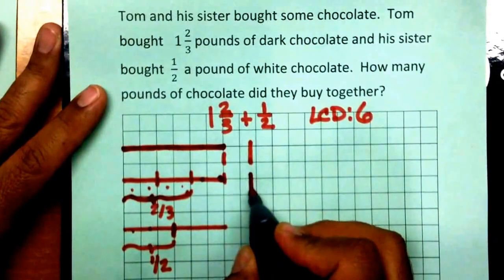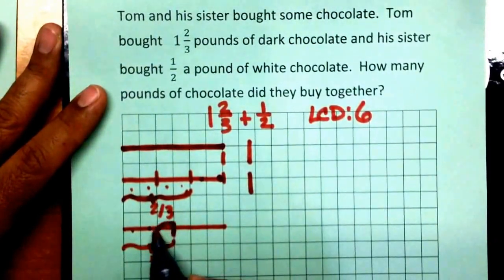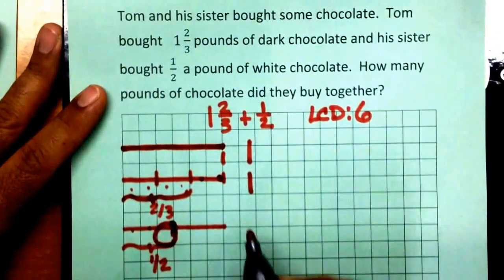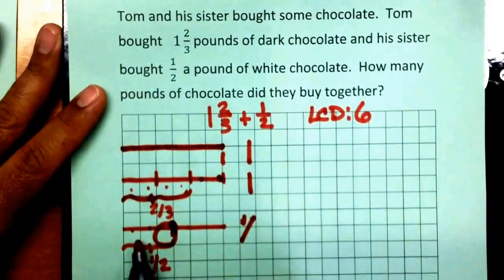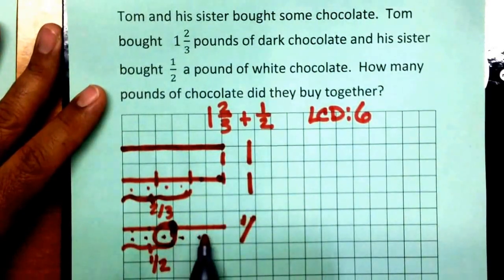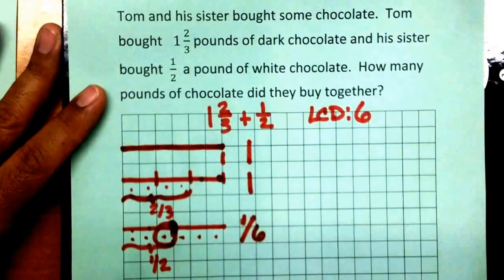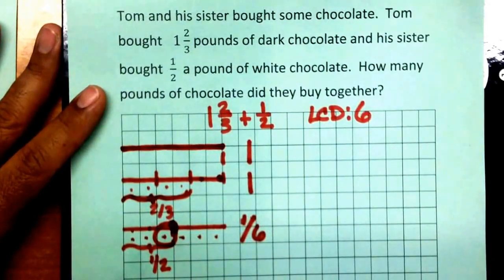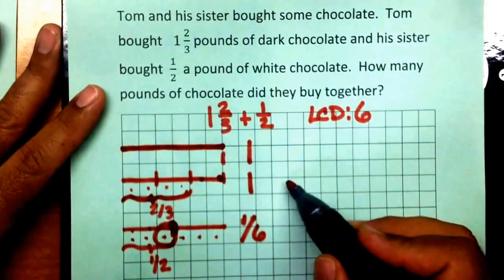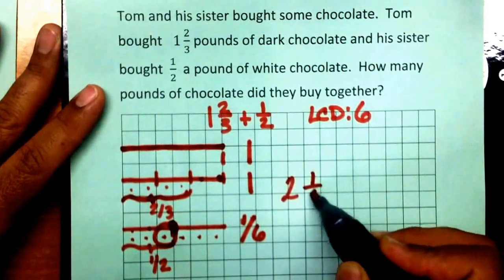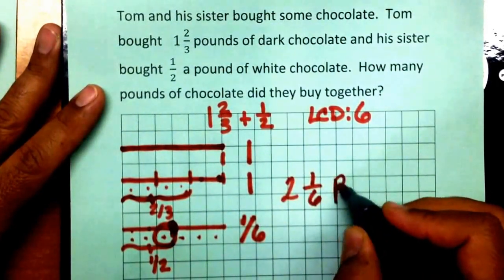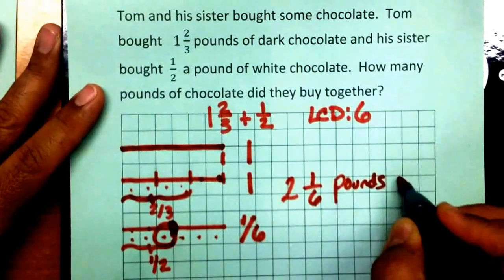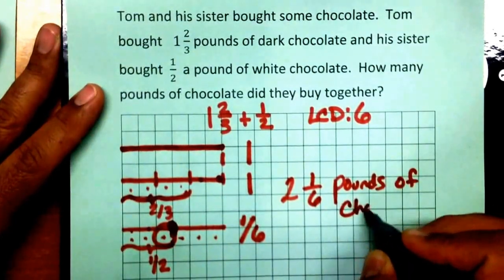So now we have another whole. And we have 1 entire square left over, 1 out of 6. Using our number lines, we know that we have 2 and 1/6 pounds of chocolate.